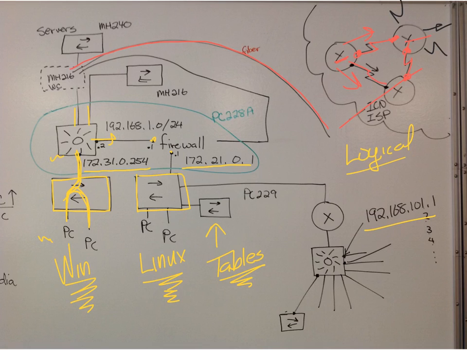But then we started to convert it into a physical one because we showed how this equipment is in PC 228A, and then I'll use another color. We have a wiring closet up here that this multi-layered switch connects into there. And then we also from the switch have a connection to MH216.